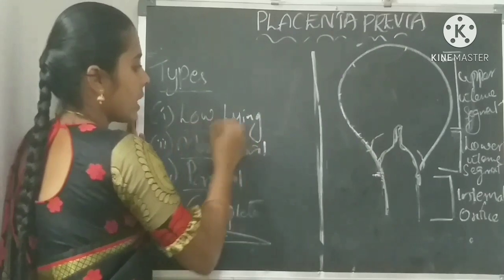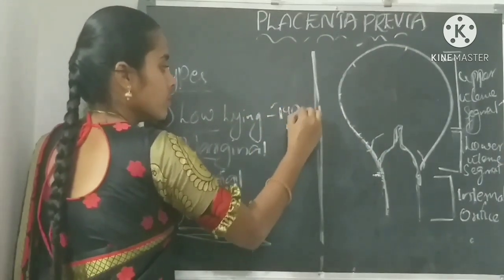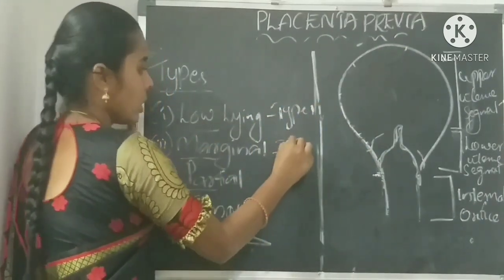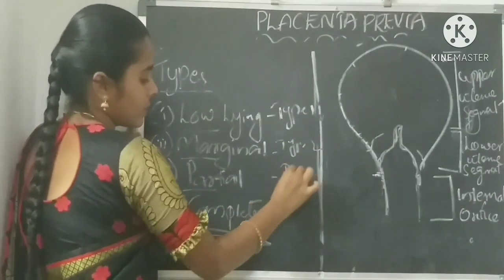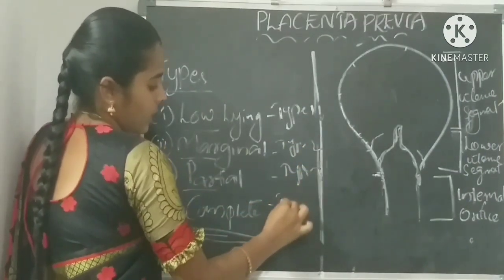So among these types, this is considered as type 1, and this is type 2, and this is type 3, and this is type 4, right?